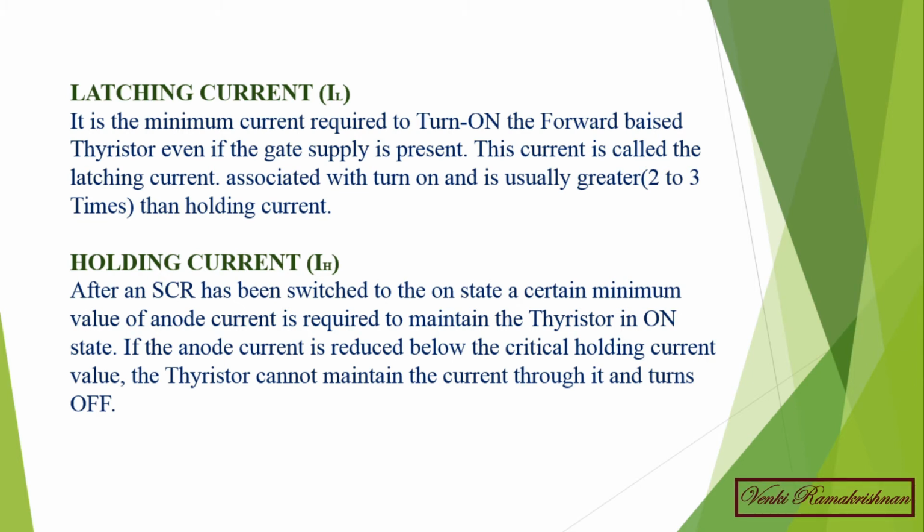Irrespective of the gate supply, if the anode current is reduced below the critical holding current, the thyristor cannot maintain the current through it and turns off. So irrespective of gate supply, your thyristor will turn off.